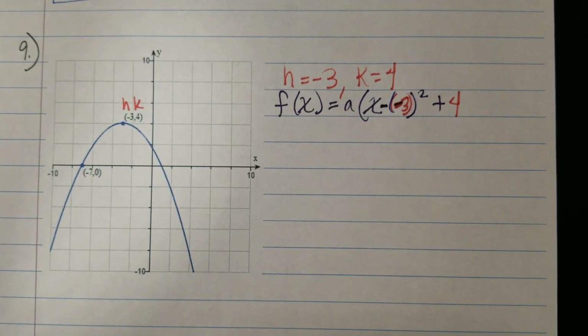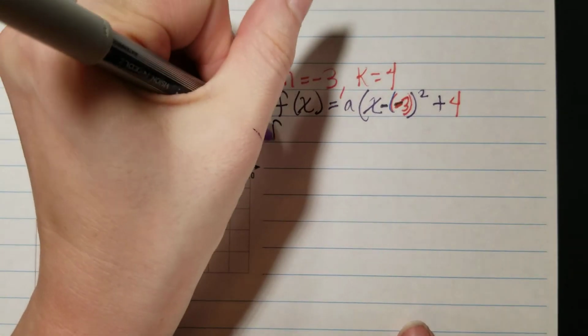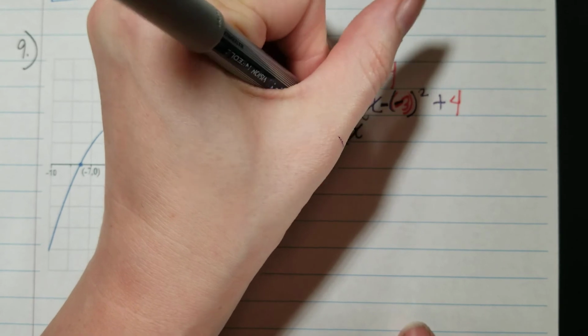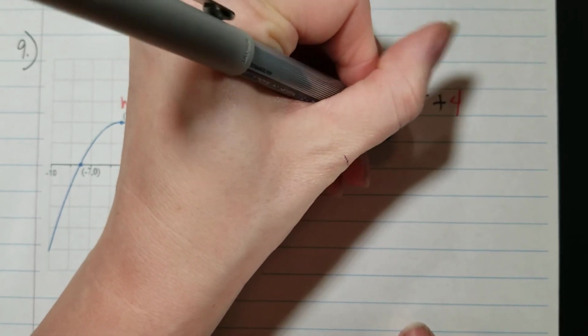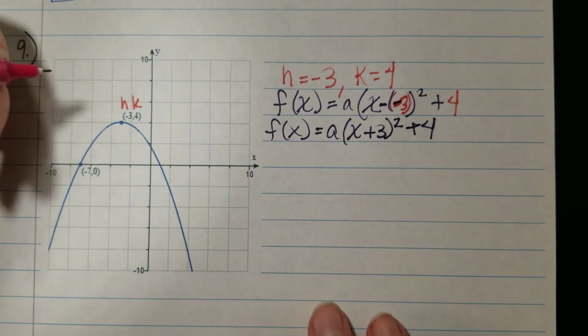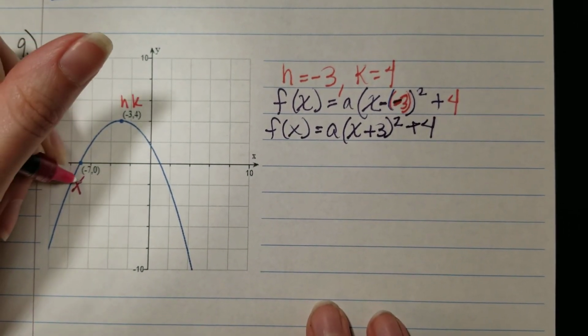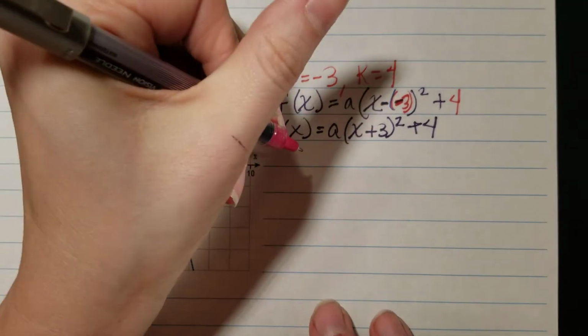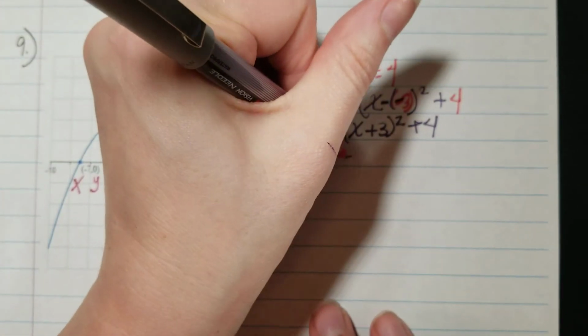So f of x equals a times x plus 3 squared plus 4. And then we're going to plug in -7 for x and 0 for y, which is the same as f of x.